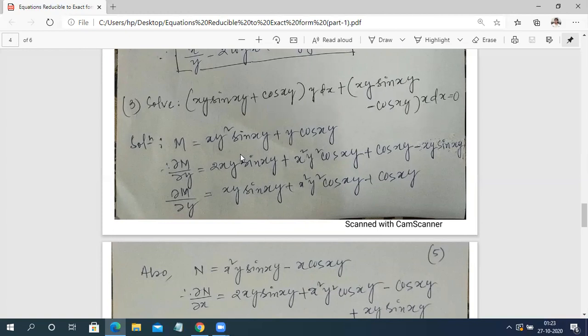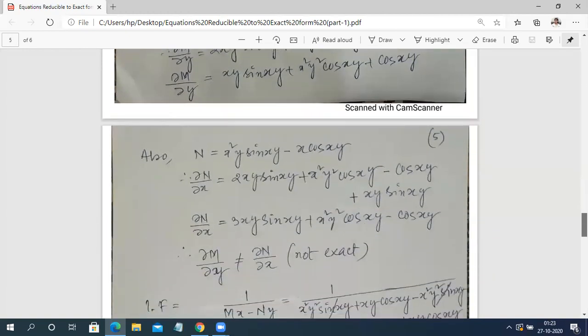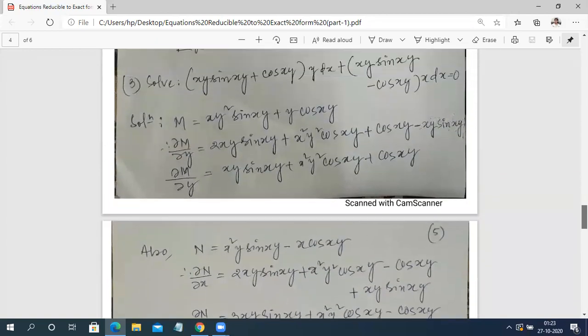You can also check that the given equation is not exact by partially differentiating m with respect to y and partially differentiating n with respect to x. You can see the values are not coming the same. So this is not exact, but it is of the form f1(xy) y dx plus f2(xy) x dy equal to 0, which is given in the second rule.